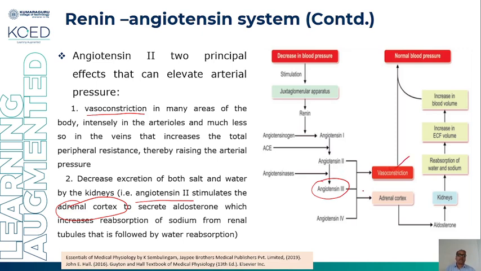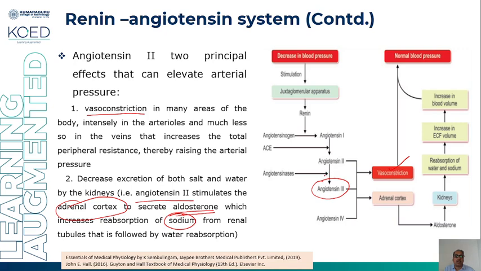It will decrease the diameter of the blood vessel and thereby the blood pressure will shoot up. Another important role, it will stimulate the secretion of an important mineralocorticoid termed aldosterone. The purpose of aldosterone is to increase the renal absorption of minerals, exclusively sodium.